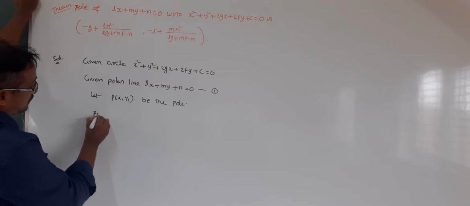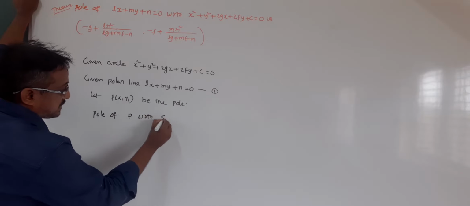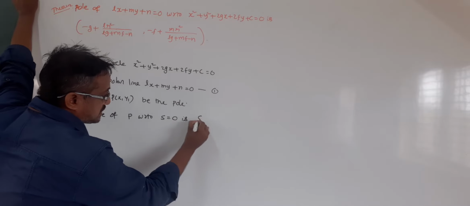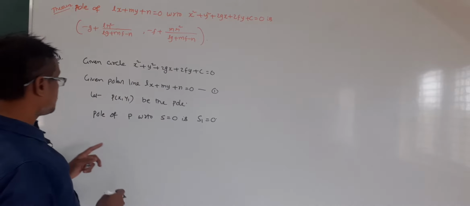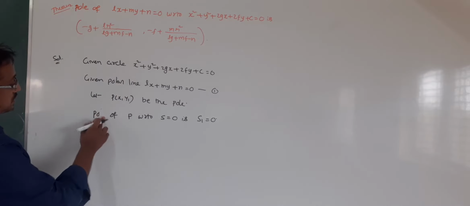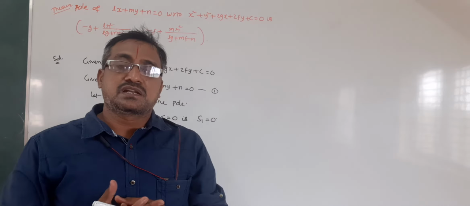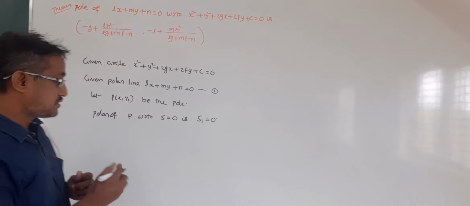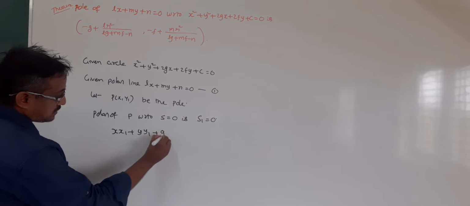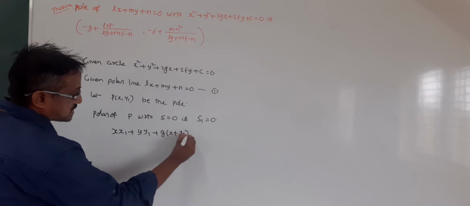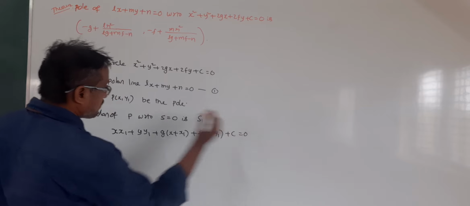The polar of P(x1, y1) with respect to S equal to 0 is S1 equal to 0. That is xx1 plus yy1 plus g of x plus x1 plus f of y plus y1 plus c equal to 0.